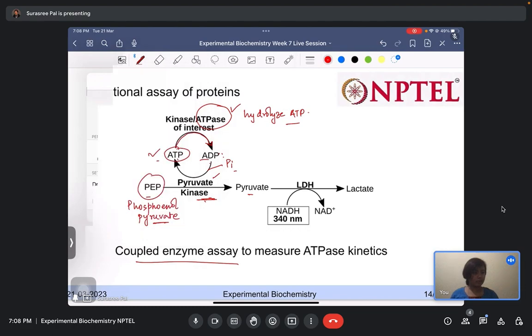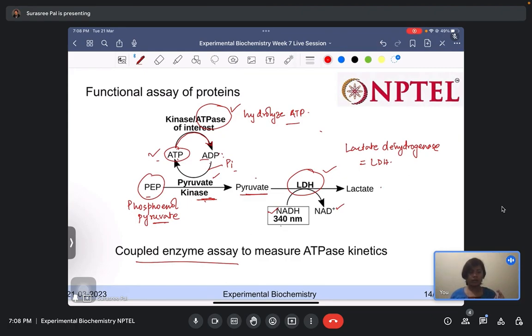In this system, pyruvate is being generated by pyruvate kinase. Now we have added another enzyme, which is LDH, or lactate dehydrogenase. What lactate dehydrogenase does is convert NADH to NAD plus while it converts pyruvate to lactate.